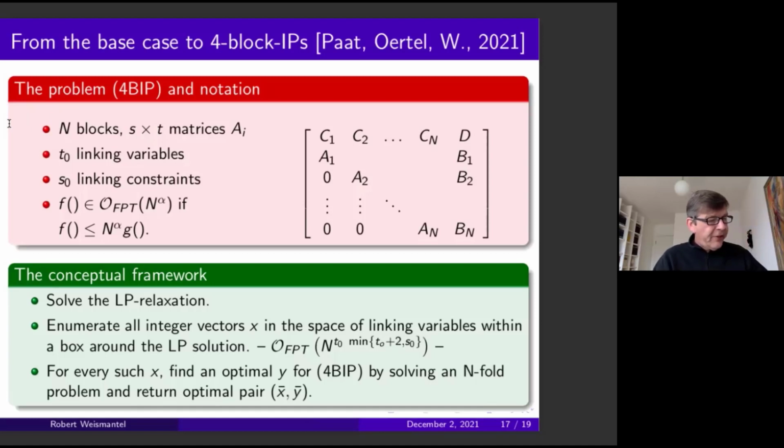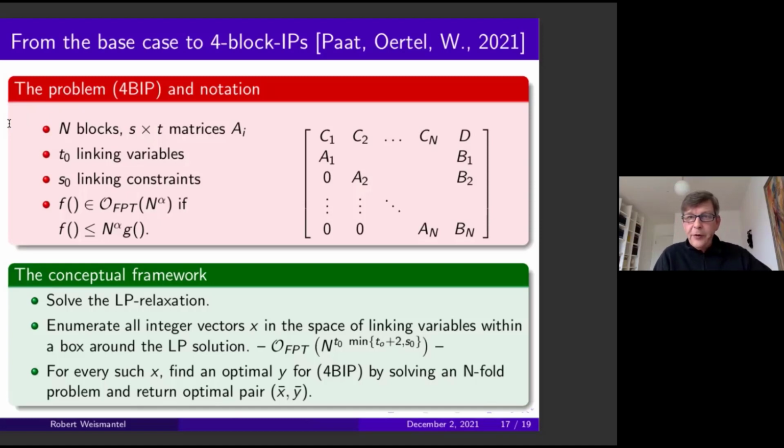So we now look at this general 4-block IP. So now we have jointly n-fold and 2-stage. So we have n blocks, and the matrices A_i are S times T. We have T0 many linking variables. They are defined through these matrices B1 to Bn. And we have S0 many linking constraints.